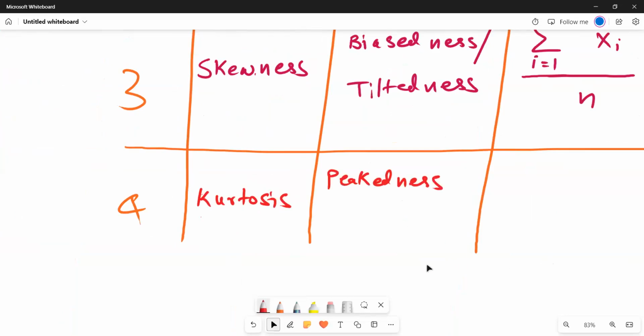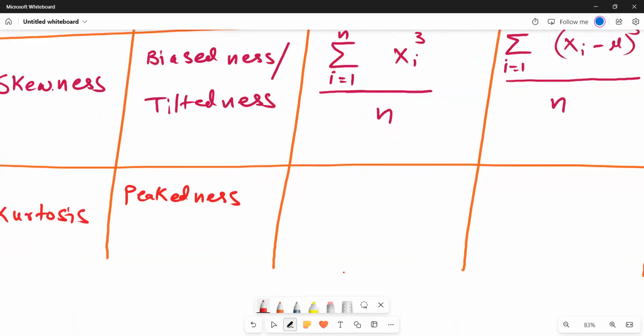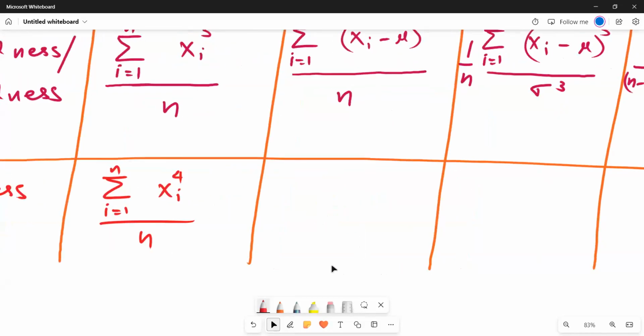The crude form of it can easily be calculated using summation of xi raised to the power of 4 divided by n, which is the total number of elements again. Followed by this is the centered form, where we'll simply replace x with x minus mu. So this will be xi minus the mean of the data raised to the power of 4 divided by n.